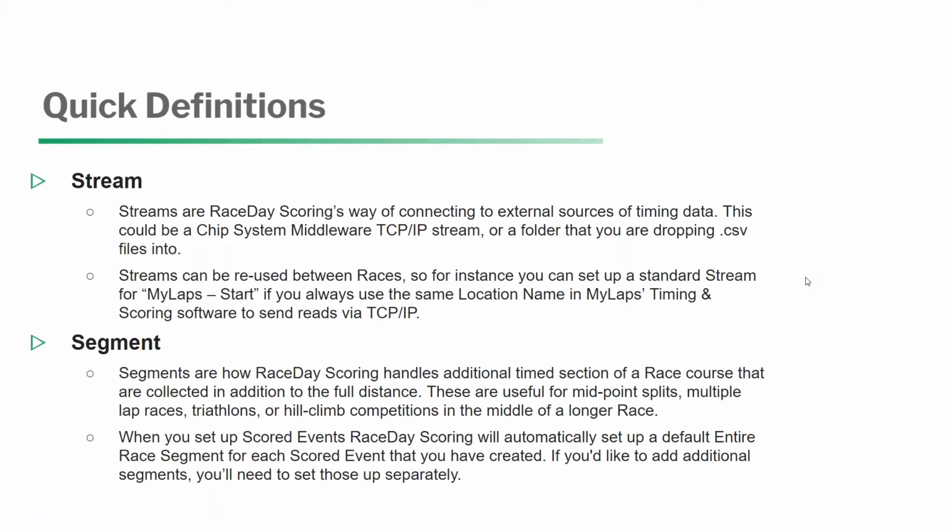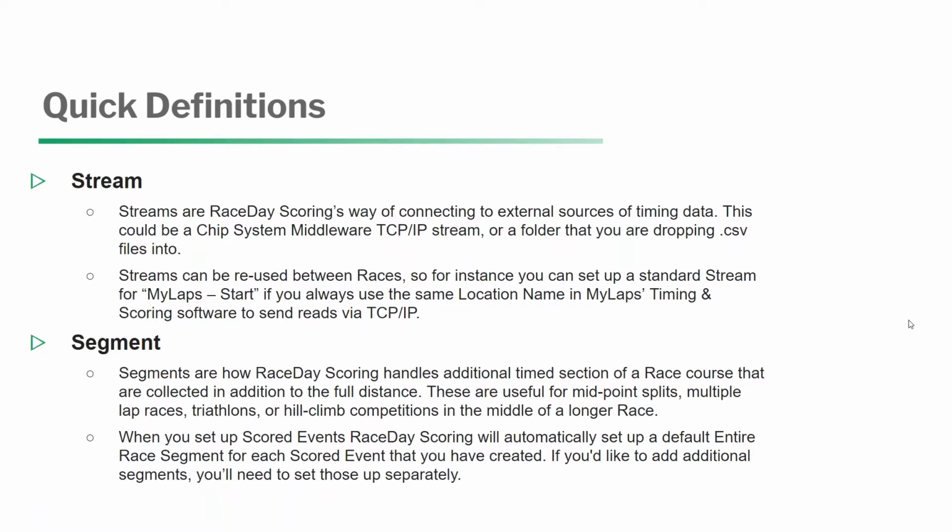So like if you're using MyLaps, you can have a standard MyLaps start stream. If you're using another like RaceResult, you might have a specific decoder stream. Same with CT. So the streams are dependent on the hardware you use and the manner in which you're bringing the data into RaceDay Scoring.